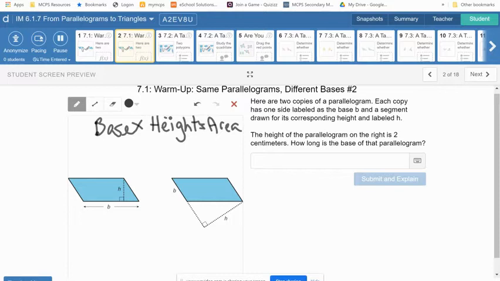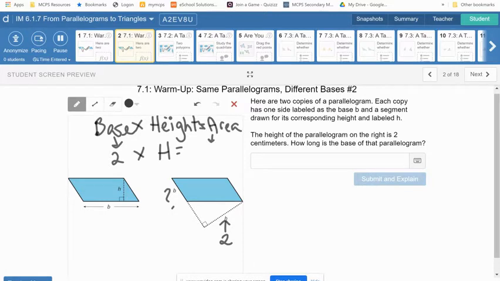Okay, so we know that. They say this one over here, if the height is 2 centimeters, well, what is the base? So let's plug that in. So we know our base is 2. 2 times H, which we don't know, is going to equal our area. Actually, we do know our area.